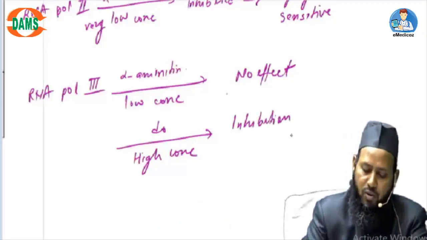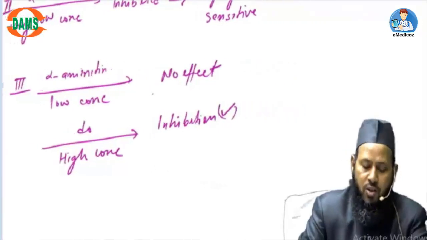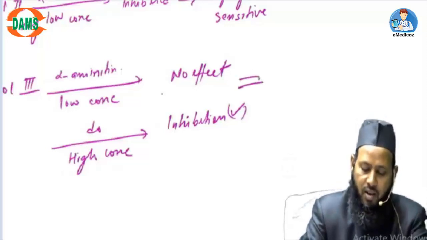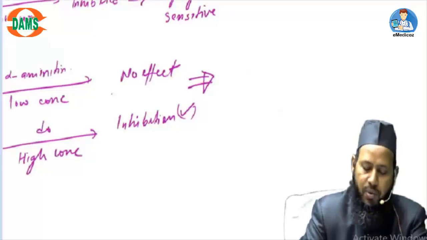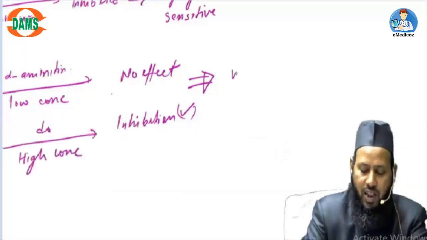Earlier there was no inhibition, but now there is. So RNA polymerase 3 becomes inactive at the higher concentration of alpha amanitin, so we will say it is weakly sensitive.